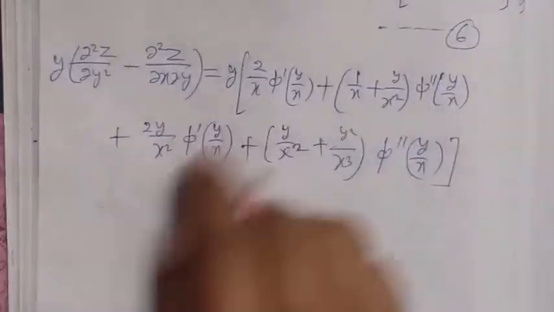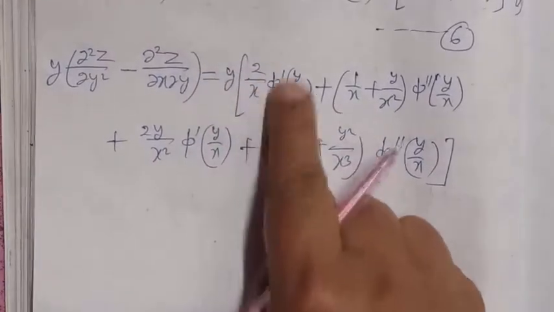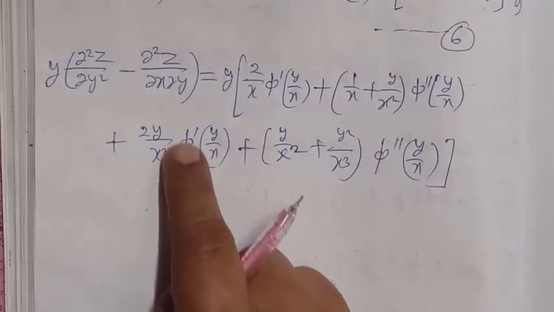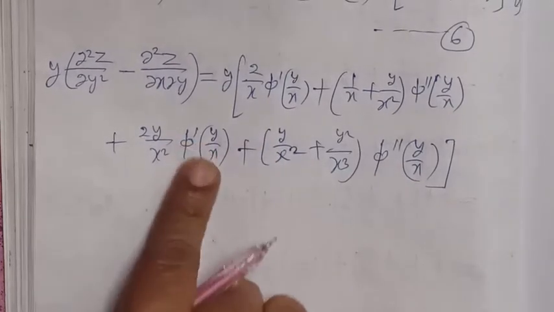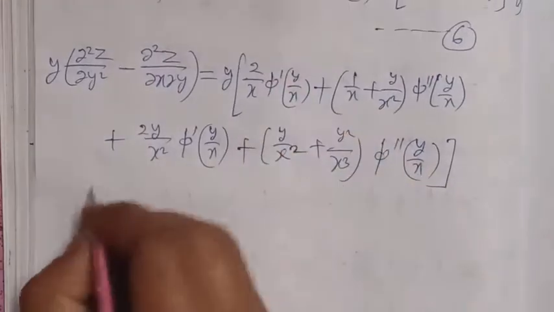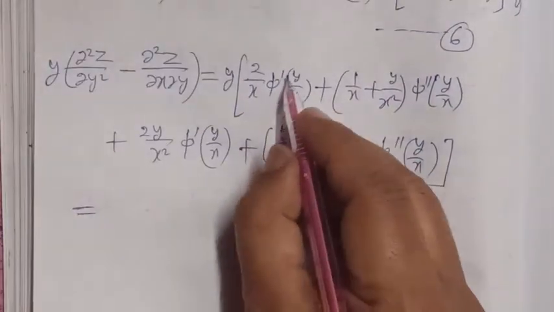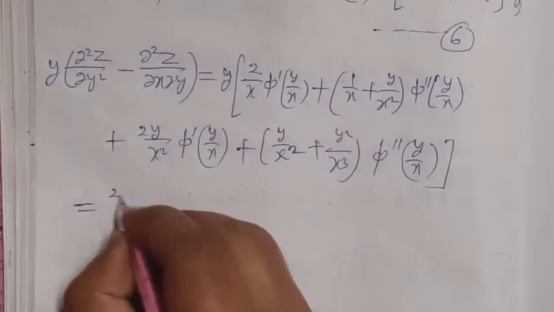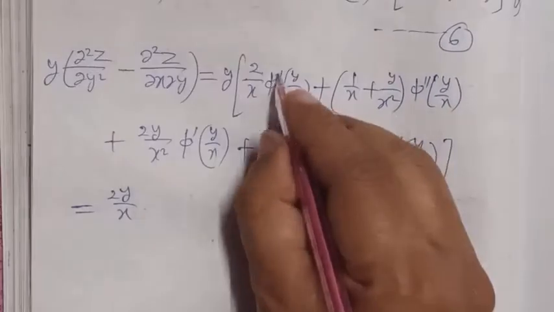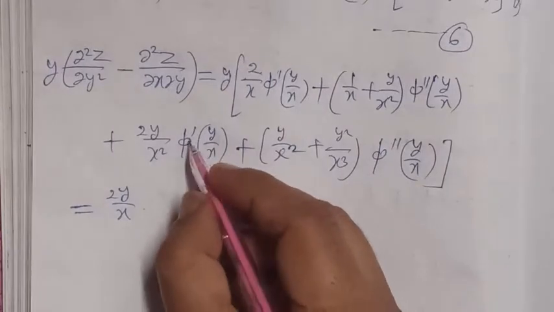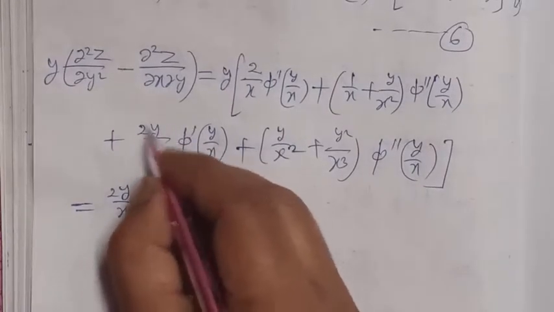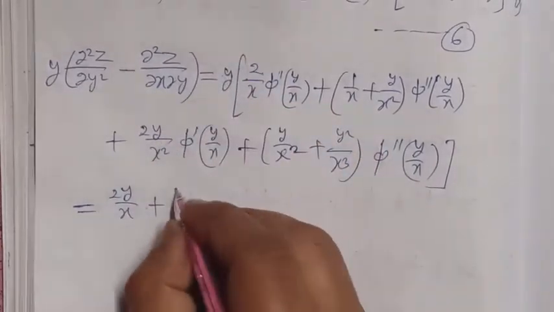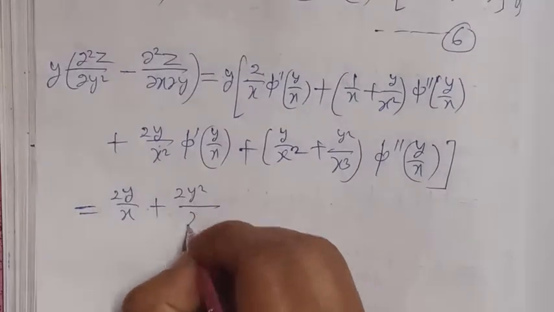Now I will multiply y to all the terms connected with plus, and I will collect the coefficient of φ dash first. On multiplying y here we get 2y upon x, which is the coefficient of φ dash, also here plus 2y, but on multiplying y here we get 2y square upon x square.